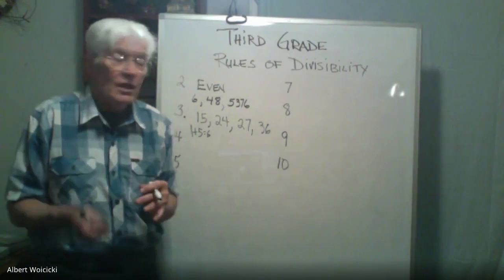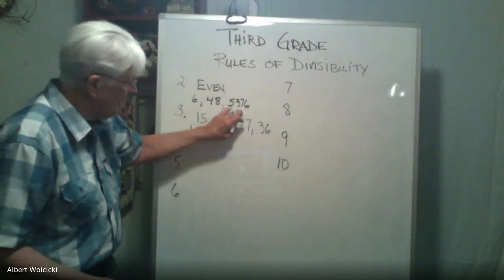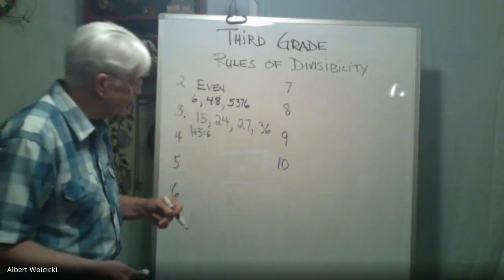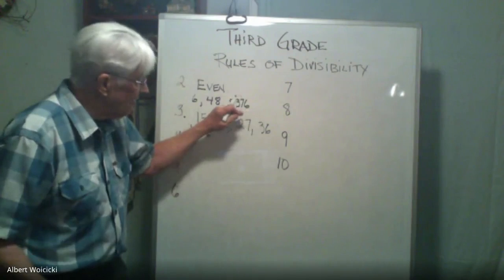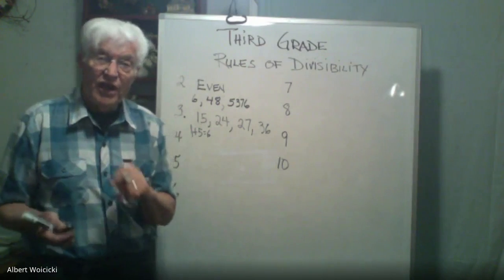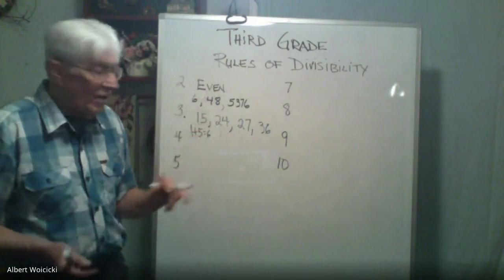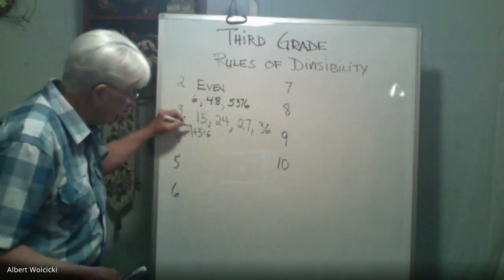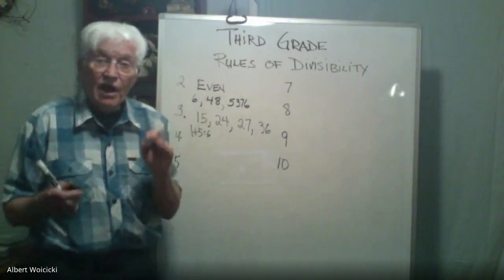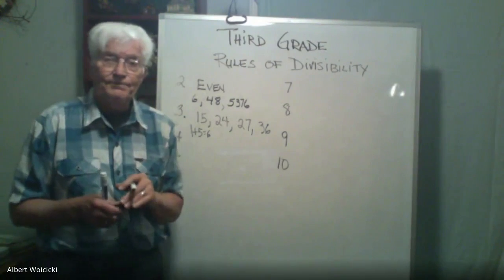Isn't that cool? So I could divide 3 into this. You can take out your calculators and do it. It'll go evenly into 5,376. What a great thought. Makes it really simple. So on number 3, the sum of the digits is a number that's divisible by 3.